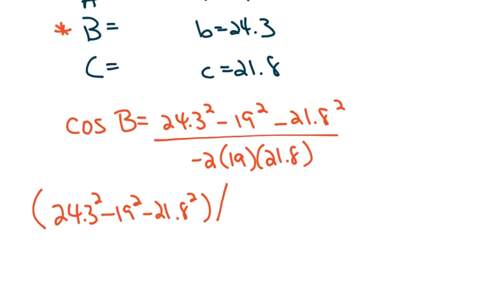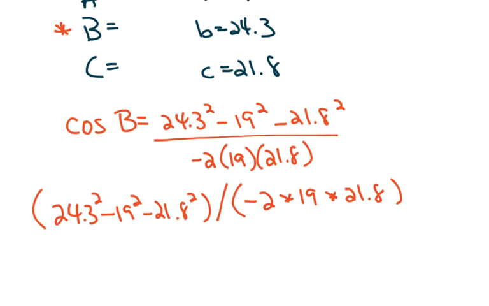Divide by parentheses, and this is where the denominator is a little bit different from what I wrote. I want you to type in negative 2 times 19 times 21.8. So don't use parentheses around those numbers. I know I wrote it that way in the problem, but don't do it in your calculator. Type it in like this.